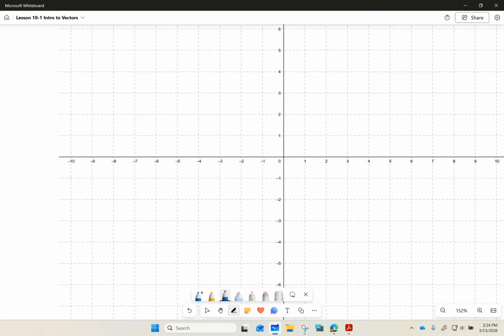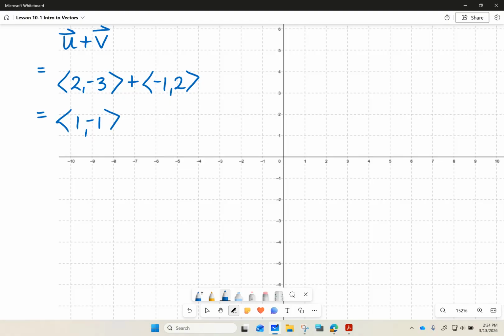Okay, so my U plus V was 2, -3 plus, and the other one was -1, 2. So I rewrite the problem, and we found out our answer was 1, -1.